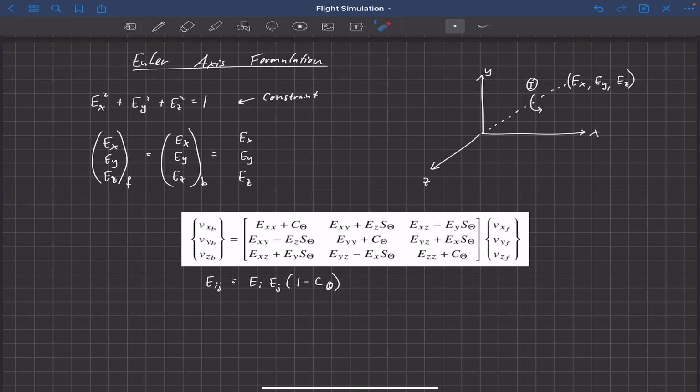Now it just so happens that that is equivalent to using the negative of this angle, of theta. So we could actually plug in negative theta instead, and get the inverse or the transpose of this matrix here.